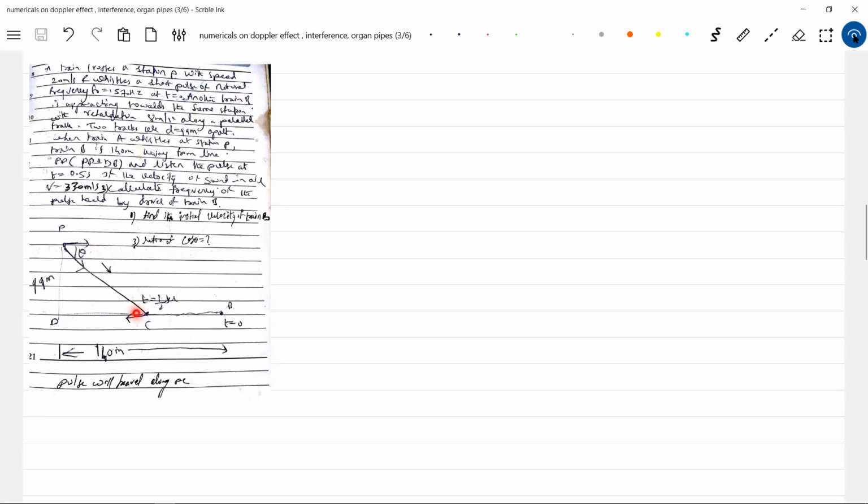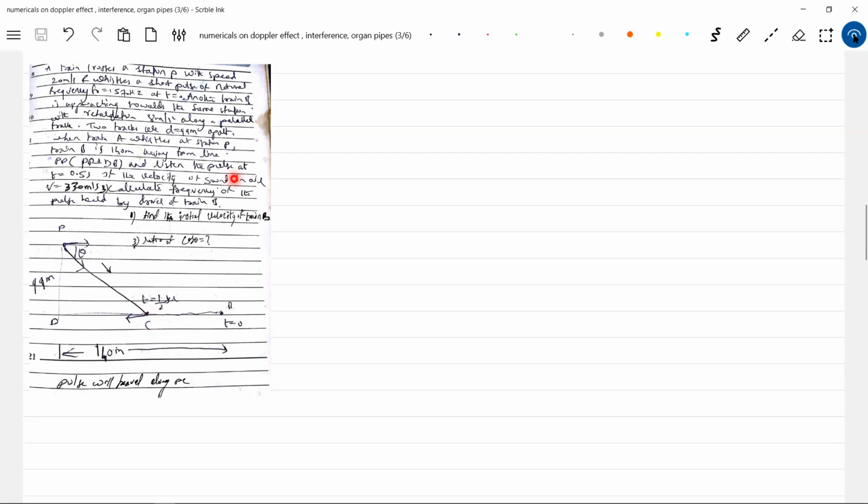These are the tracks. The two tracks are 99 meter apart. When train A whistles at station P, train B is 140 meter away from the line PD and listens to the pulse at t equal to 0.5 seconds.